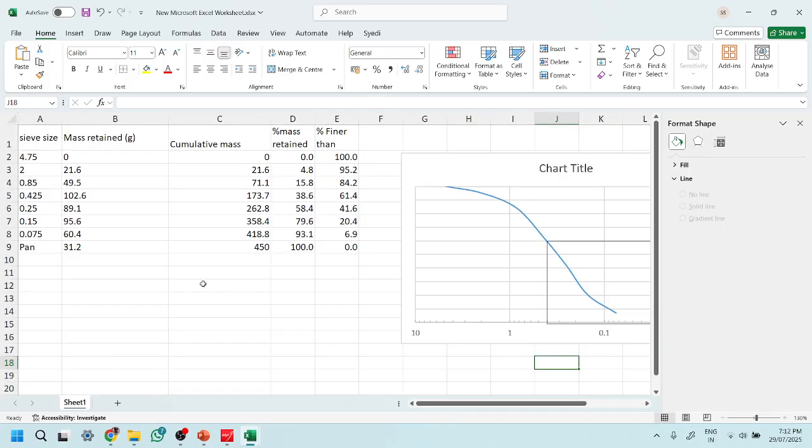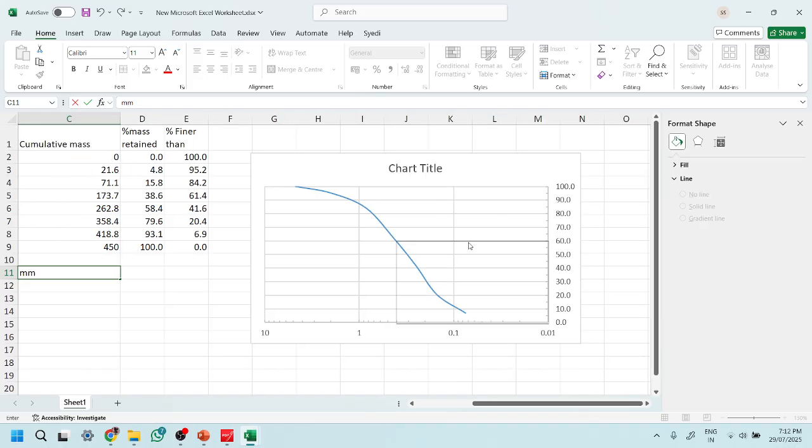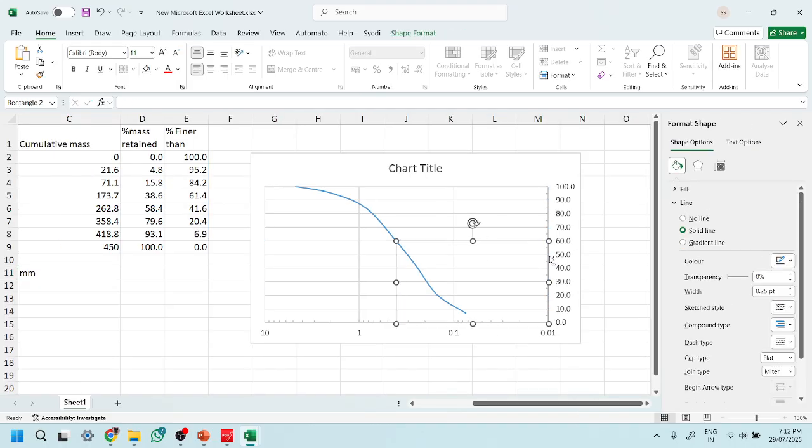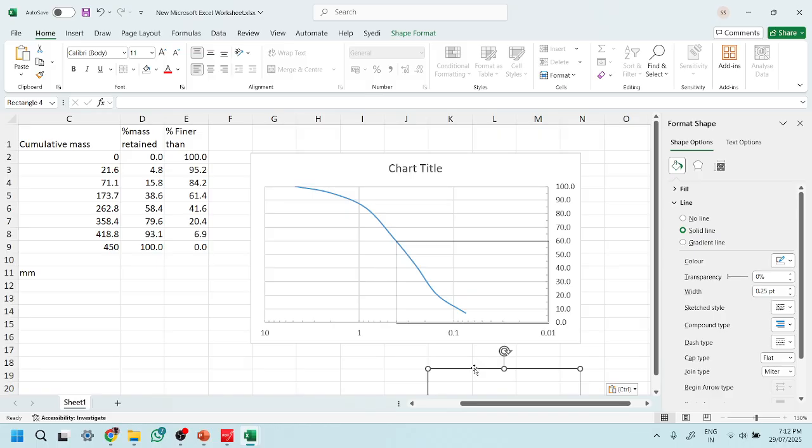So we can say that D60 is 0.4 mm. Then let's do this for D10.